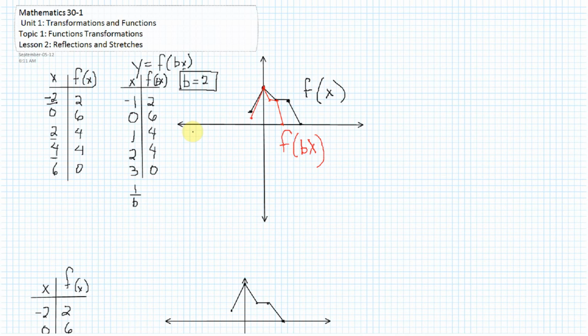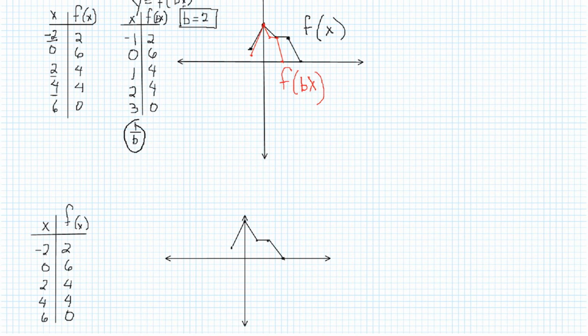It's important to recognize that when we're inside the function, working with that b parameter, we have an inverse relationship in terms of our stretch. So unlike our vertical situation where there's a direct relationship, we now have an inverse relationship. So let's scroll down here.